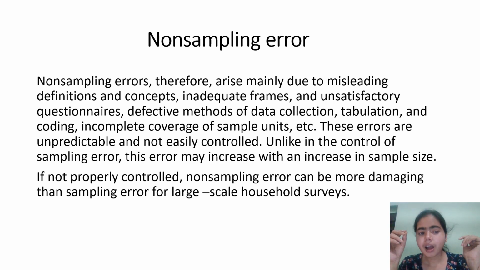These errors are unpredictable and not easily controlled. Unlike sampling error, this error may increase with an increase in sample size. If not properly controlled, non-sampling error can be more damaging than sampling error for large scale household surveys.